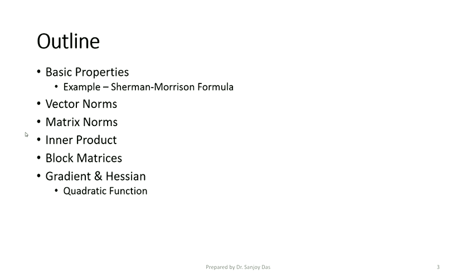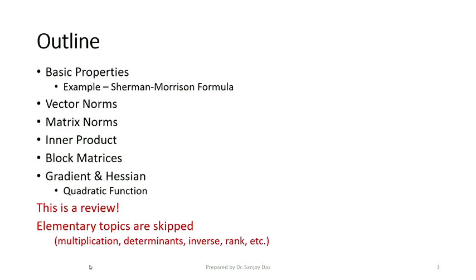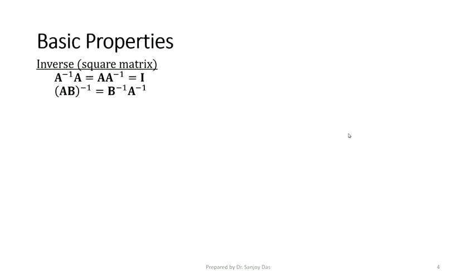Okay, so this is the outline of today's lecture. Not all of them are things you know, but I think about 75% you know. And I assume that you know really rudimentary matrix operations and determinants. Inverse of a matrix: if you want to invert a matrix, it must be a square matrix. The number of rows and columns must be the same. And furthermore, A must be a non-singular matrix.